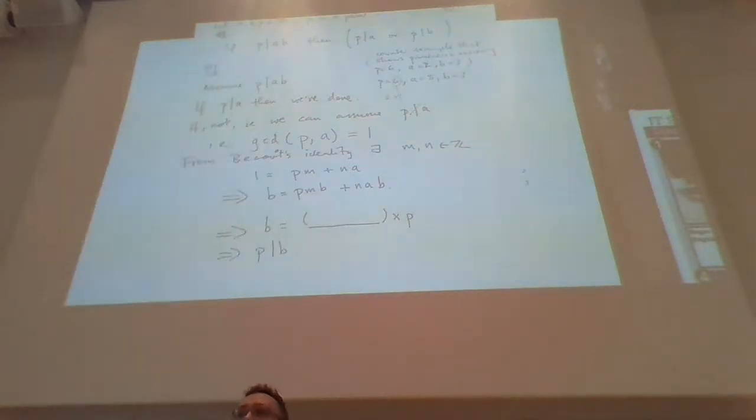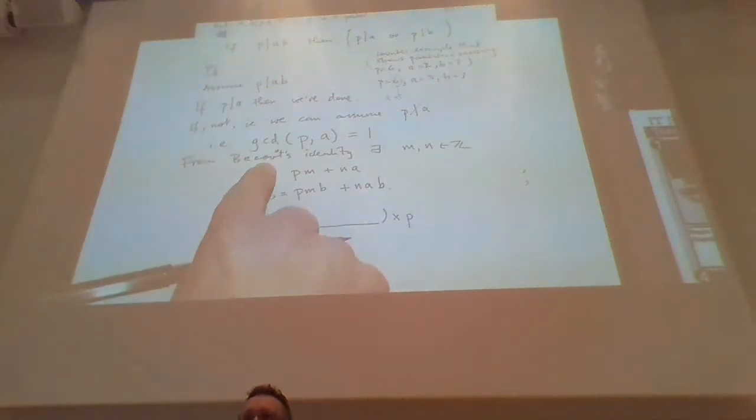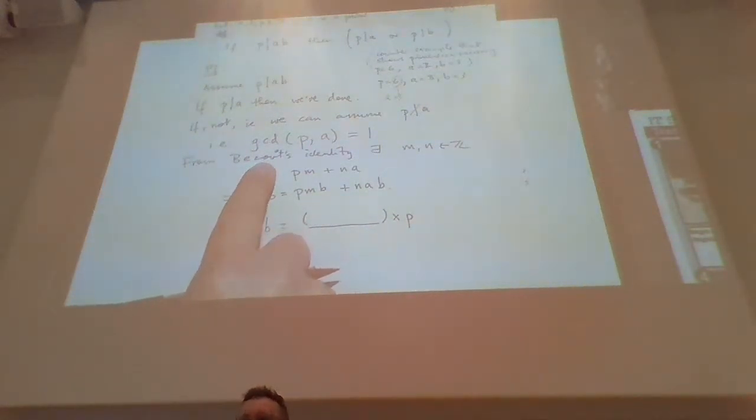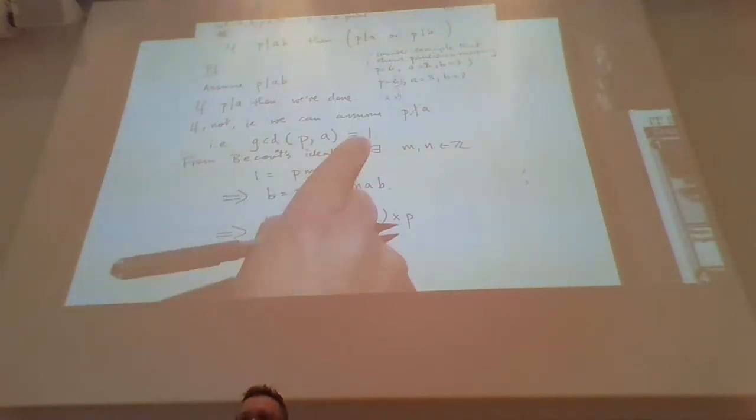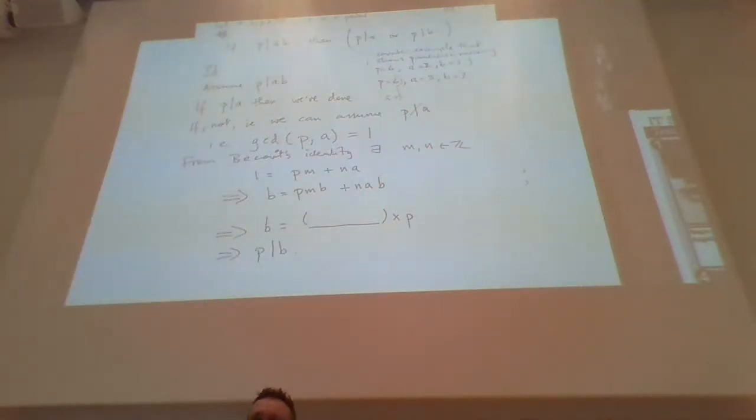Yeah. Why pm plus na equal 1? Because it's from Bezout's identity, from the Euclidean algorithm. If 2 numbers have greatest common divisor 1, you can run the Euclidean algorithm on them. It'll give you the answer 1. Then you work backwards, and you can generate this pair of coefficients that give you 1.